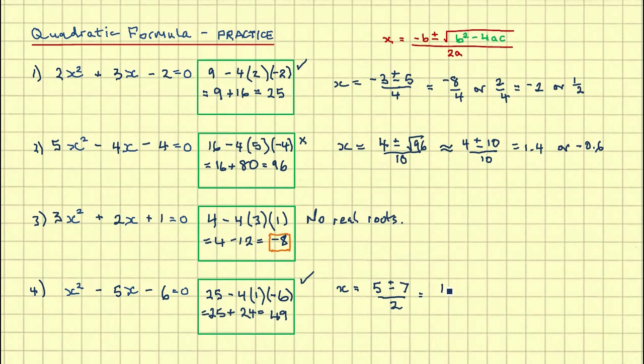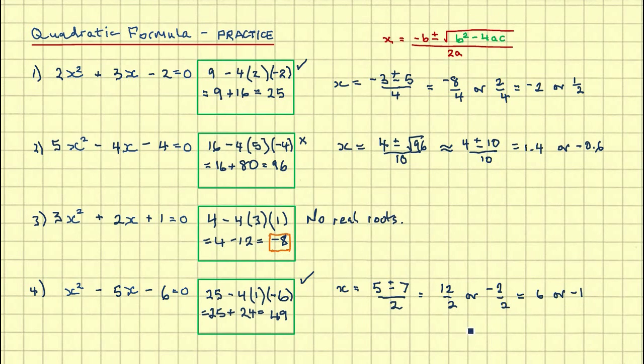So 5 plus 7 is 12 divided by 2, or 5 minus 7 is negative 2 divided by 2, gives us the solutions. 12 divided by 2 is 6, or minus 1.